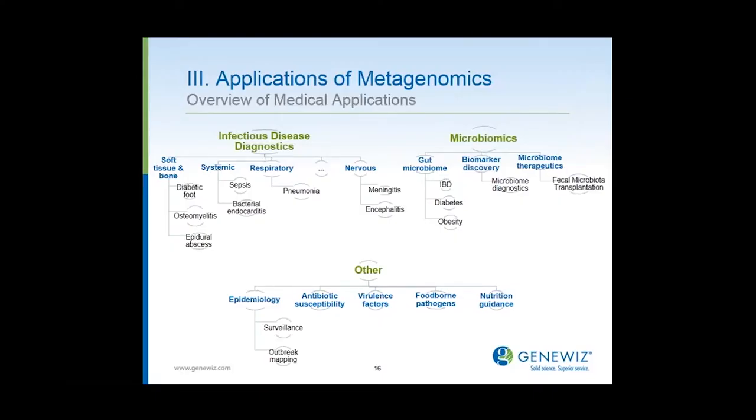There are many types of applications of metagenomics. I'll start off with the medical ones. So you can use it for infectious disease diagnostics. You can also use it for microbiome analysis, whether for the gut microbiome, for irritable bowel disease or diabetes, for microbiome-based diagnostics, and finally for microbiome therapeutics.